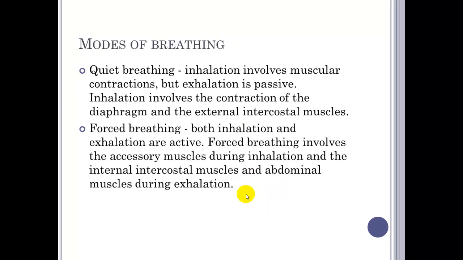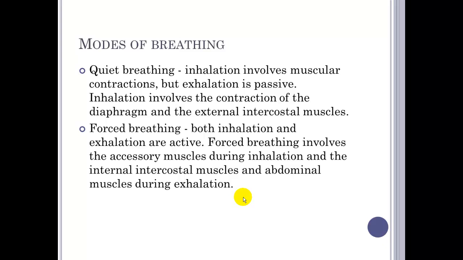Modes of breathing. There's two modes of breathing. There's quiet breathing, where inhalation involves muscular contractions, and exhalation is nice and passive. Both of them are nice and easily fluid in the body. Forced breathing is generally whenever we can note shortness of breath. We have forced inhalation, and exhalations are both active.